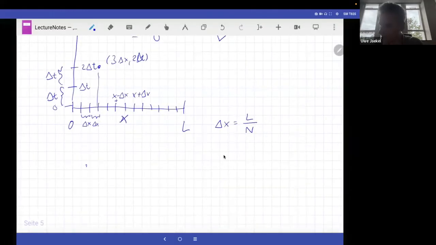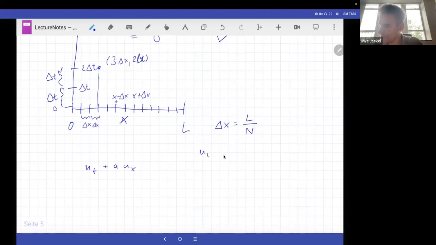So the equation is ut plus a times ux. We approximate ut, let's do it this way: ut at the kth time step, at time k times delta t, and at position n times delta x.